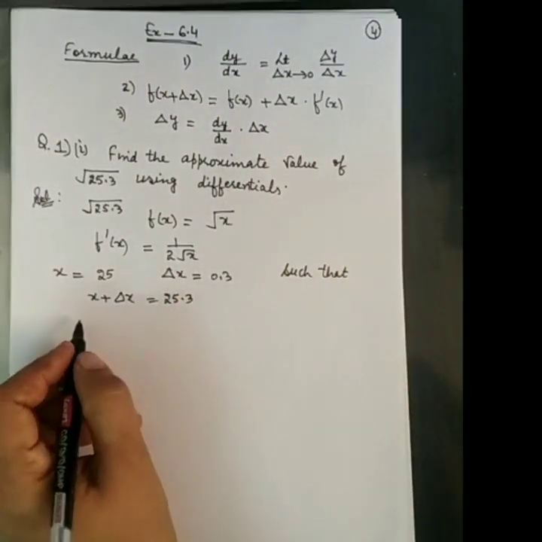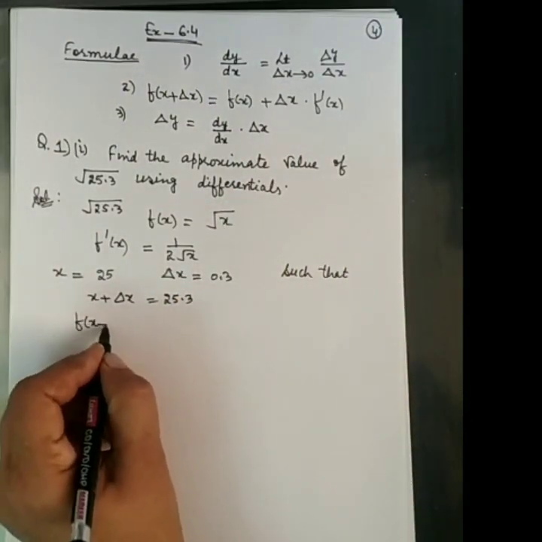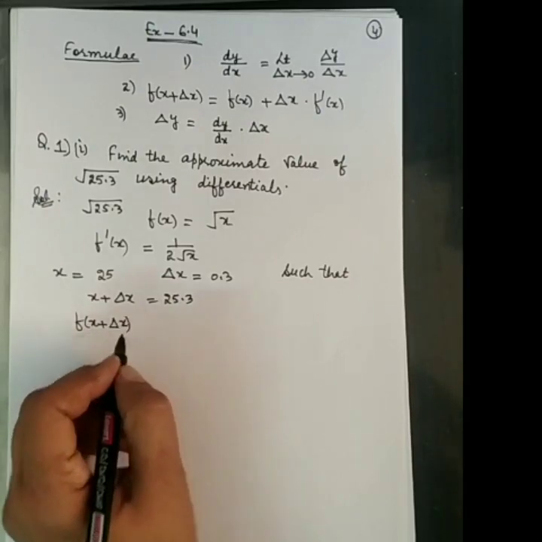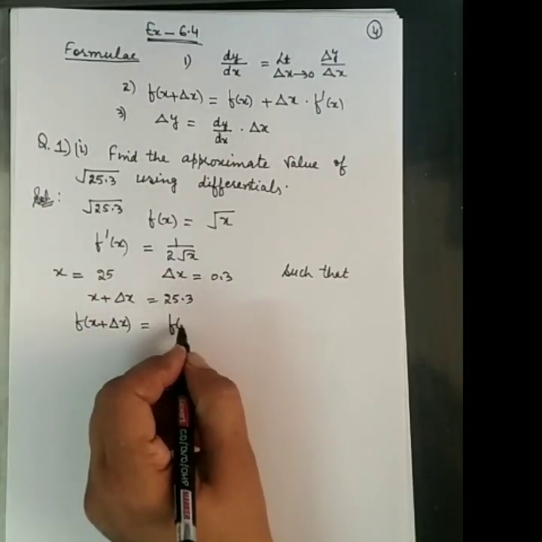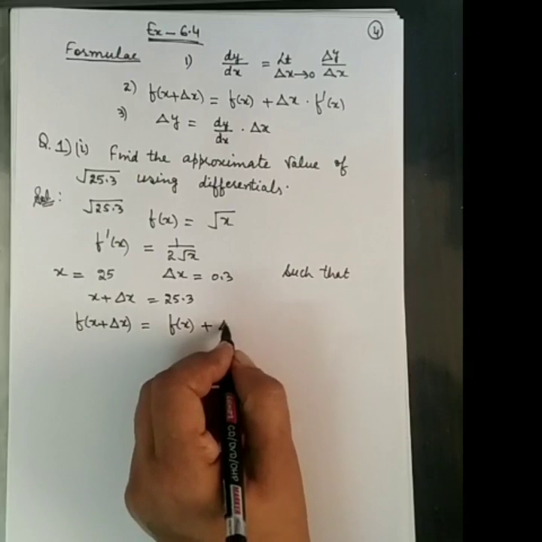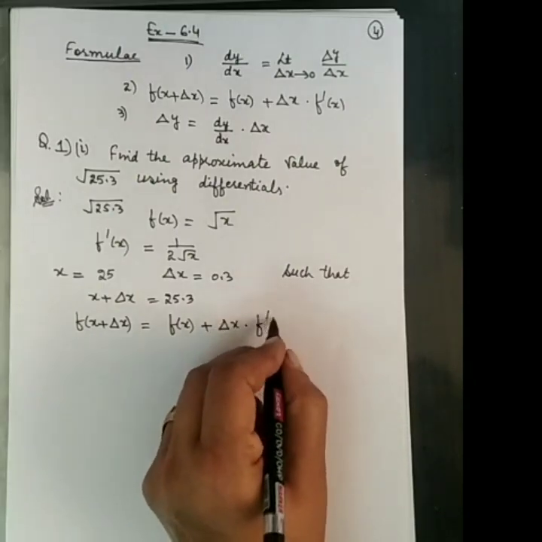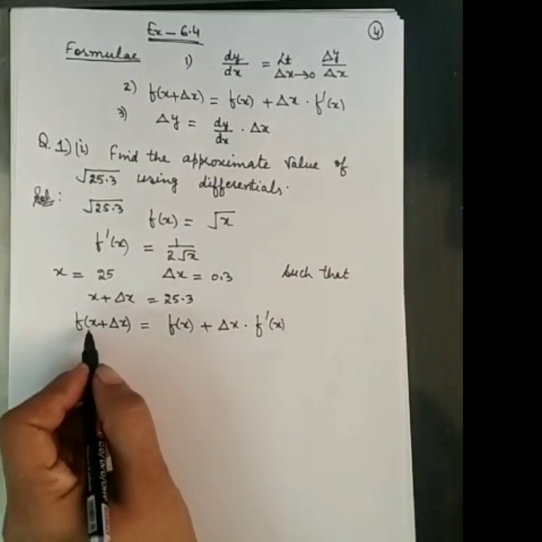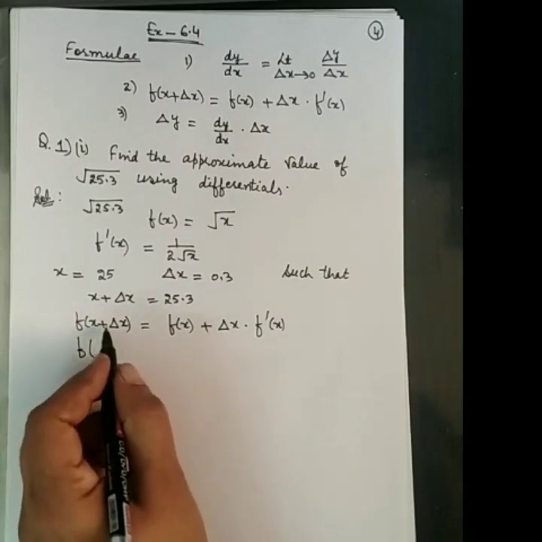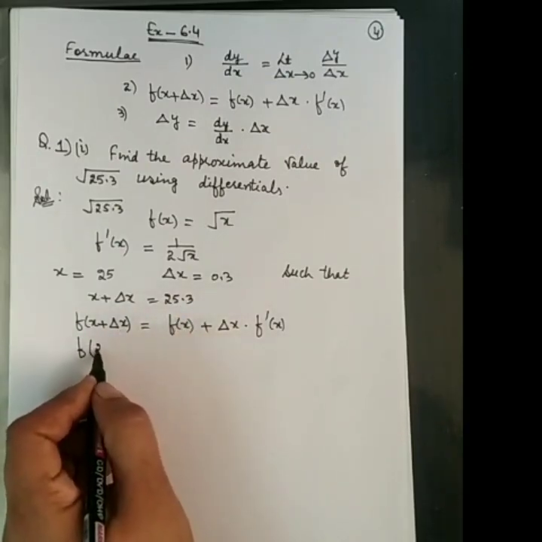Now write the formula. F of x plus delta x is f of x plus delta x into f dash x. So what is f of x plus delta x? X plus delta x is 25.3.